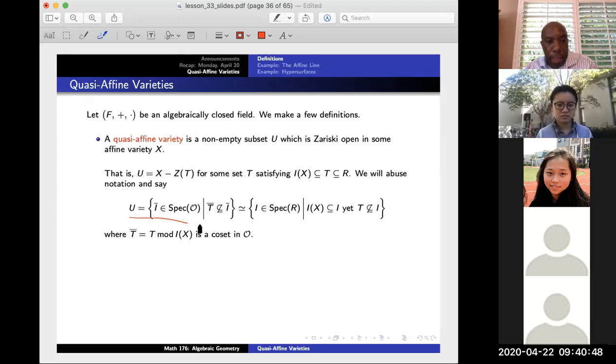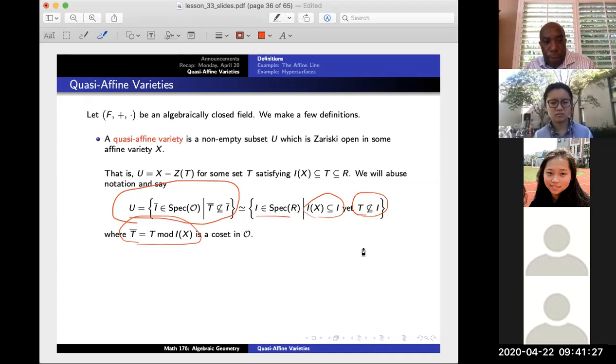So either we'll say that U is the set of prime ideals that do not contain this coset, or we'll say that it's the collection of prime ideals that contain IX, but do not contain this subset T. Either one of these will be perfectly fine to define a quasi-affine variety. Remember that if I didn't have this condition on T, then what's over here is my definition of an affine variety. So putting this in is what makes it quasi-affine.